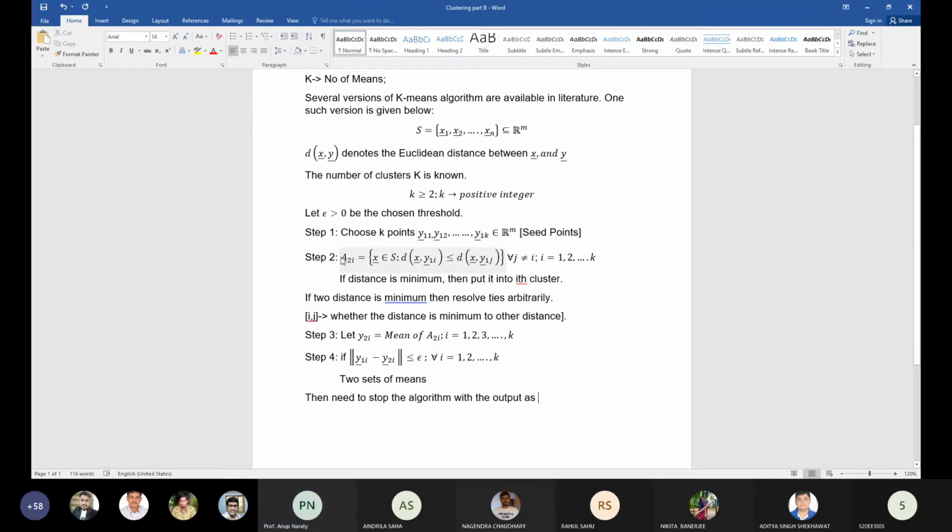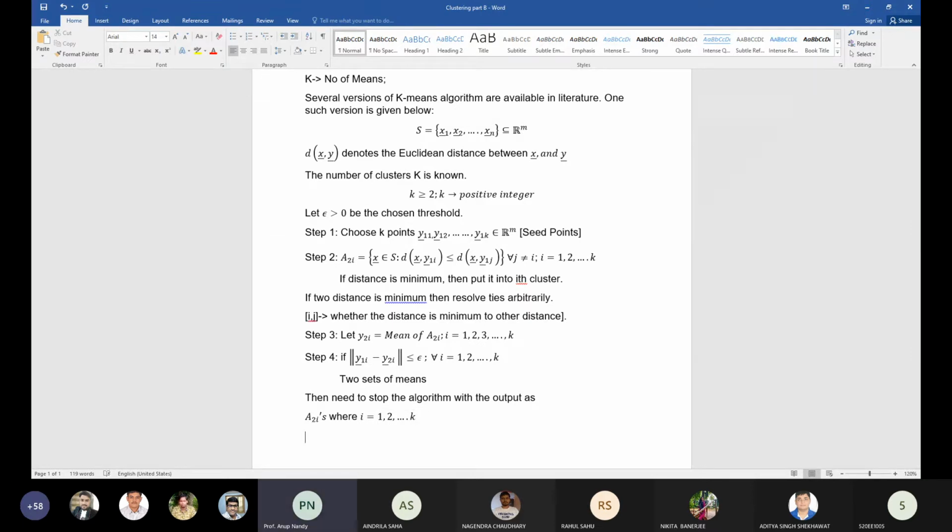Okay, that many clusters you have found, where i is equal to 1 to k.